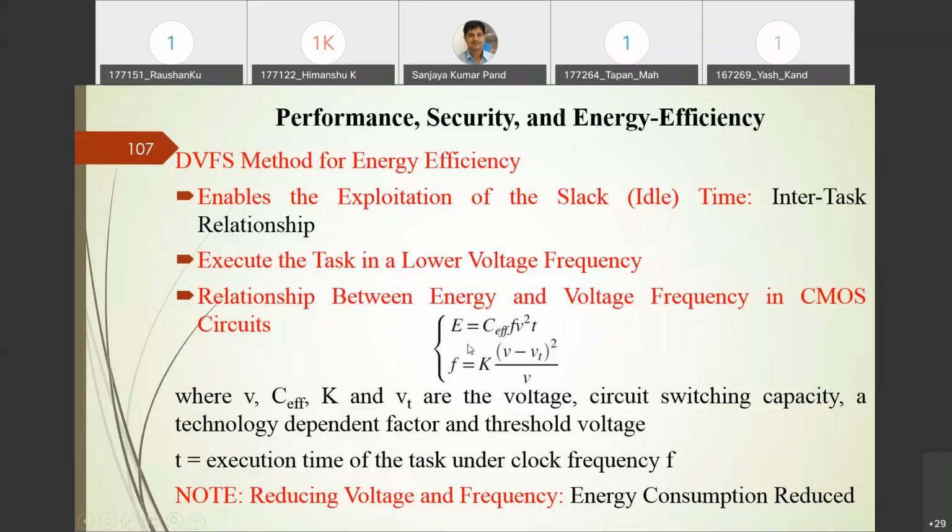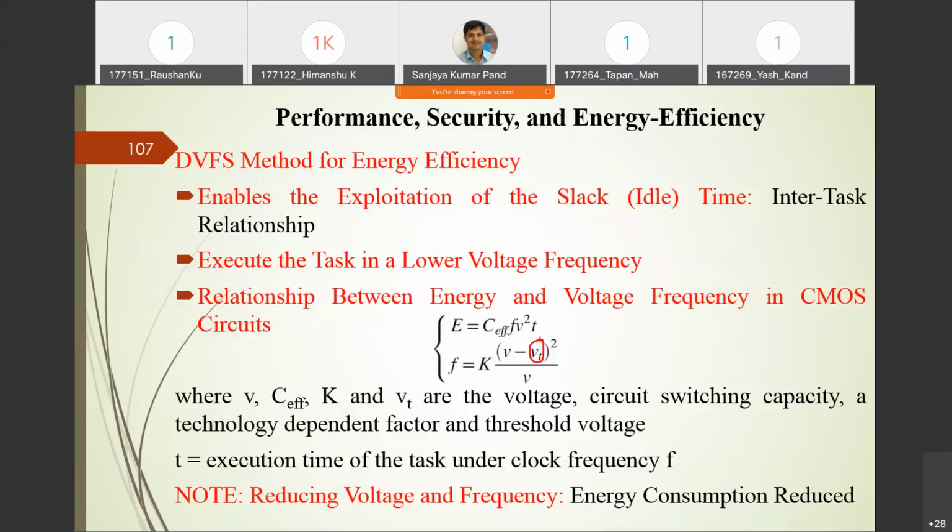And frequency is dependent on K. K is a technology dependent factor. With respect to the technology, we are monitoring this factor, right? Probably these values are in between 0 to 1. And we are calculating the voltage and threshold voltage. That is called V minus Vt. This is your threshold voltage.